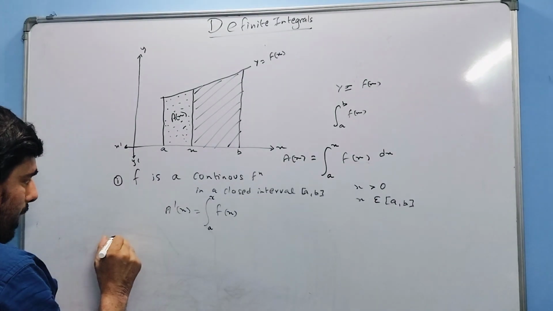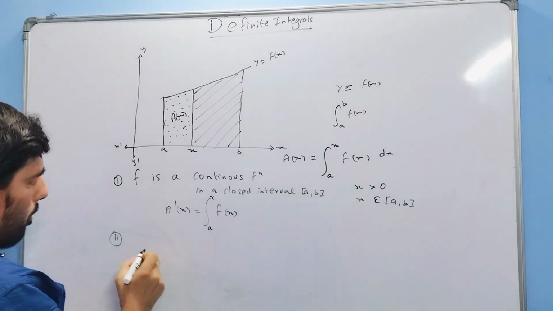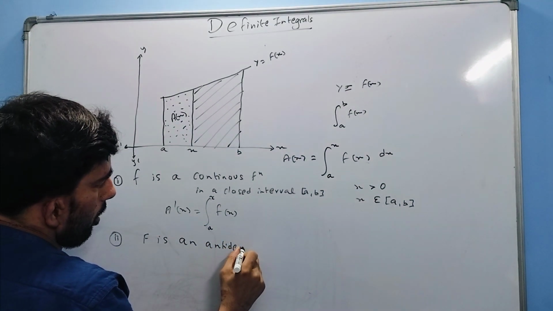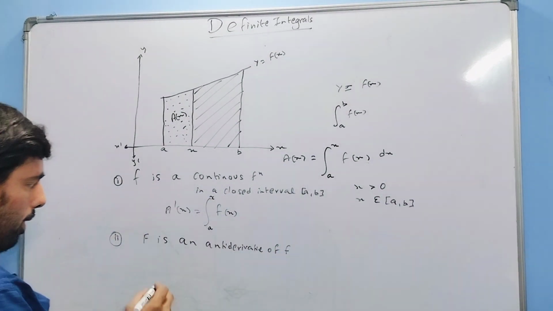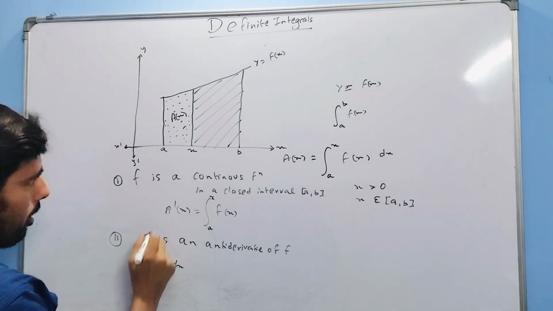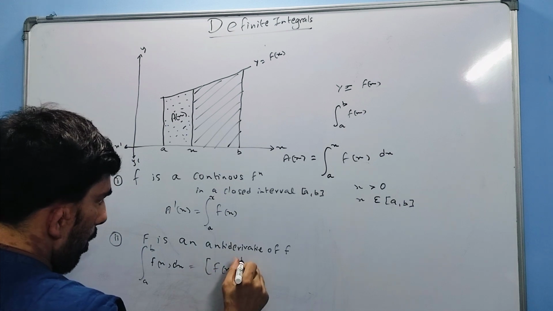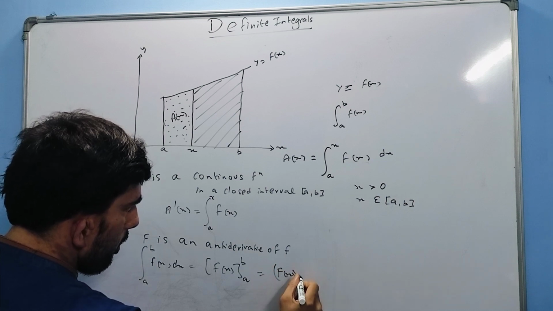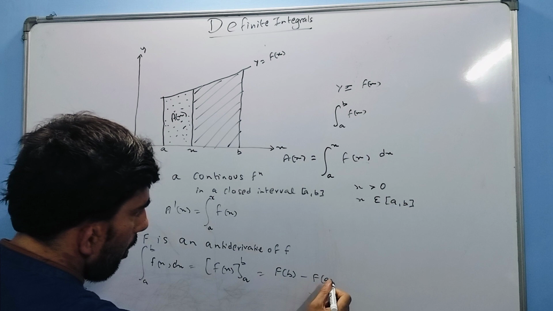Now the second theorem says if f is a continuous function in a closed interval [a, b], and F is an antiderivative of f, then the integral of f(x) dx from a to b, taking the whole area, can be represented as F(x) from a to b, that is, we get F(b) minus F(a).